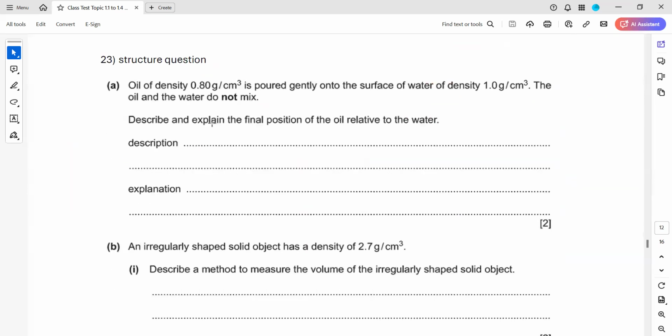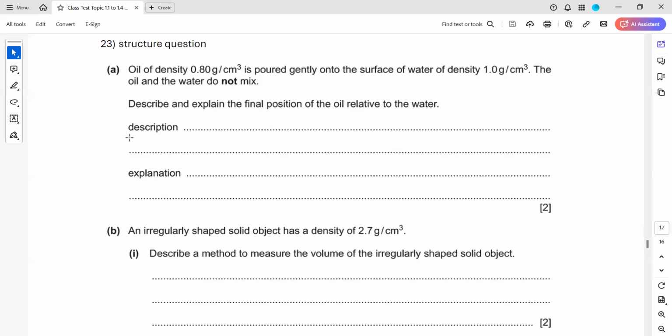In question 23, the oil has a density of 0.8 and is poured gently onto the surface of water of density 1. Describe and explain the final position of the oil. As you can see, the oil has a density of 0.8 as compared to that of water.